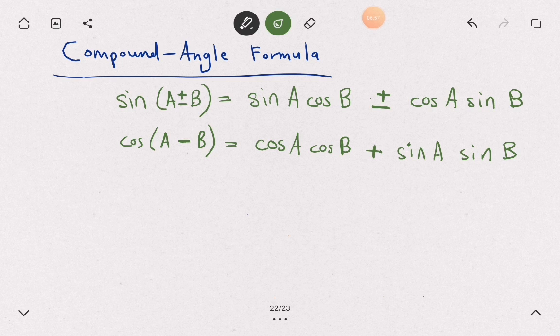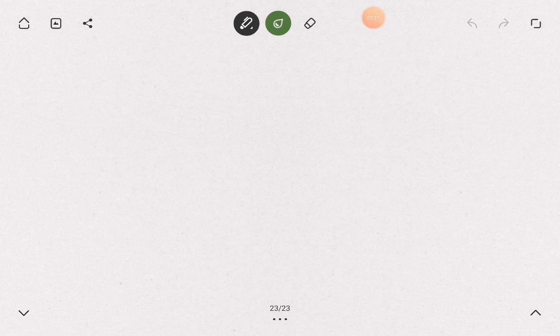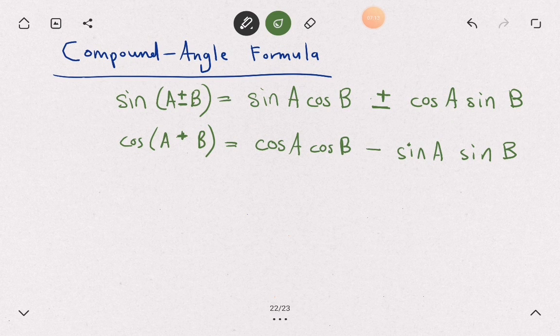So remember, if it is A plus B, then the sign is minus. If it is A minus B, the sign is plus. So here it's the opposite. It's the other way around.